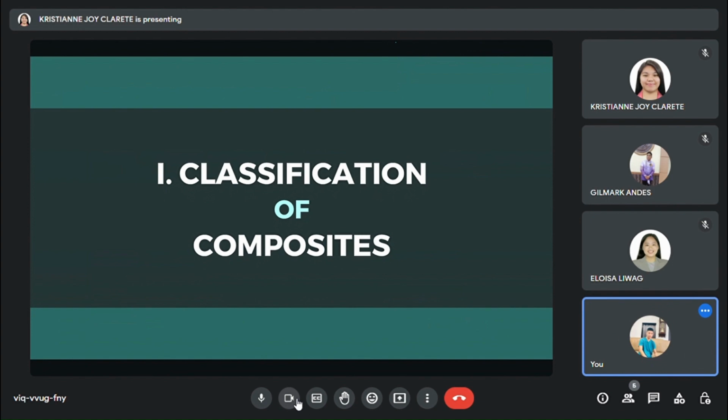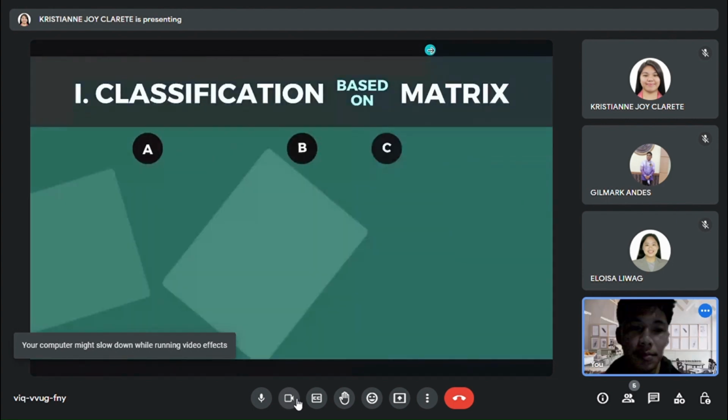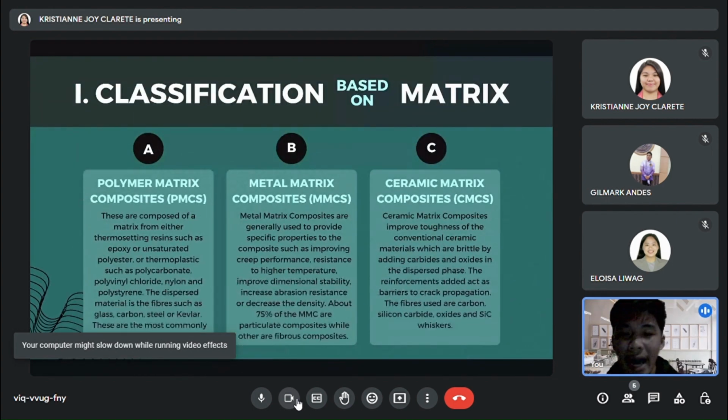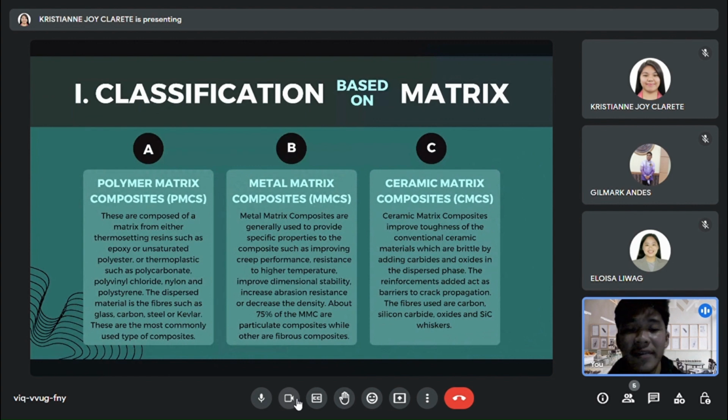So, let's move to classification of composites. We have now classification based on matrix. First, we have A, which is polymer matrix composites, or PMCs.